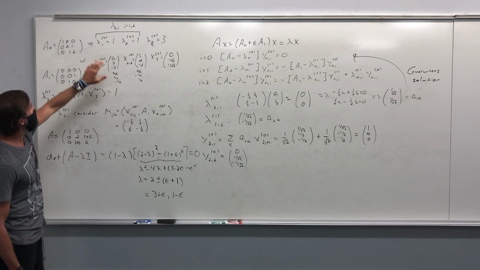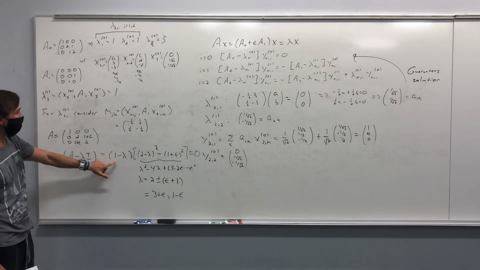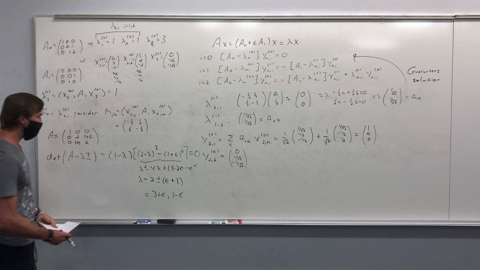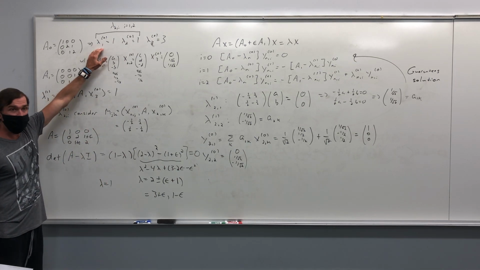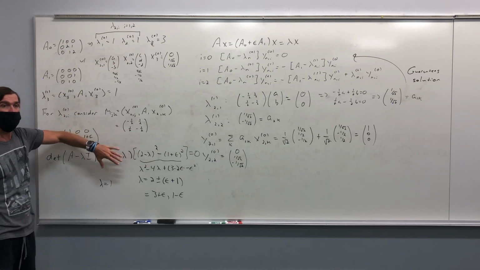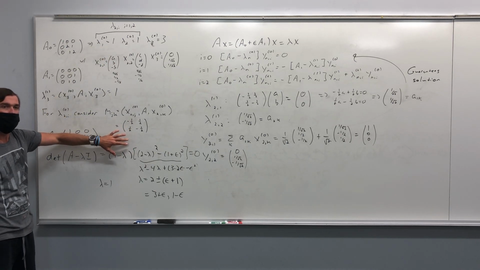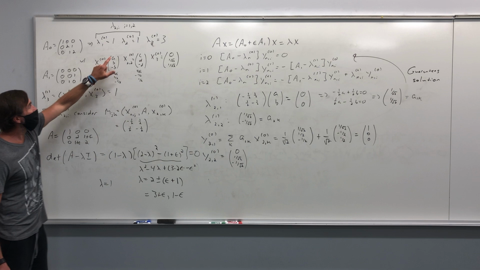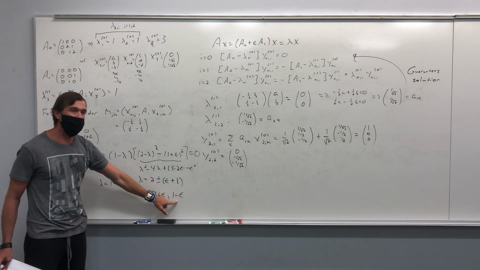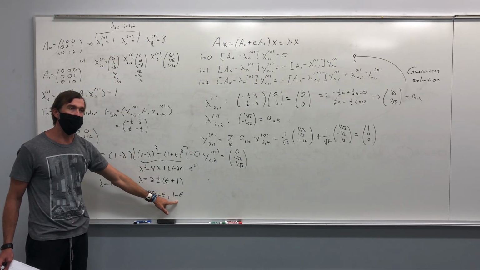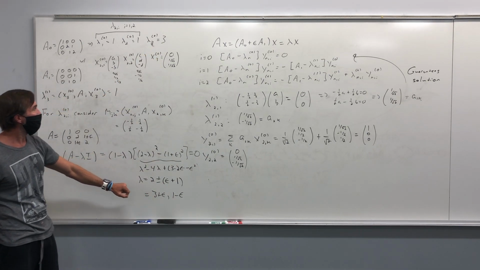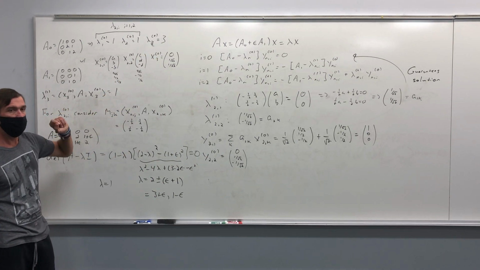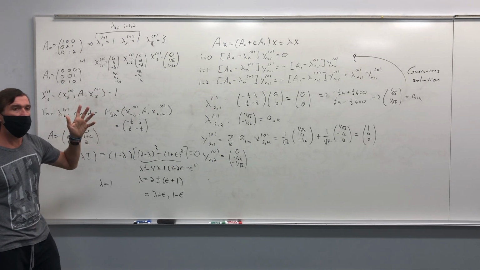Oh, yeah. So lambda 1 is an eigenvalue, and this gets no corrections. That was what I found, but I erased it over here. That lambda 1 was 0. And then for the other one, it was minus 1. And then for this one, it was plus 1. Okay? So it all works out.